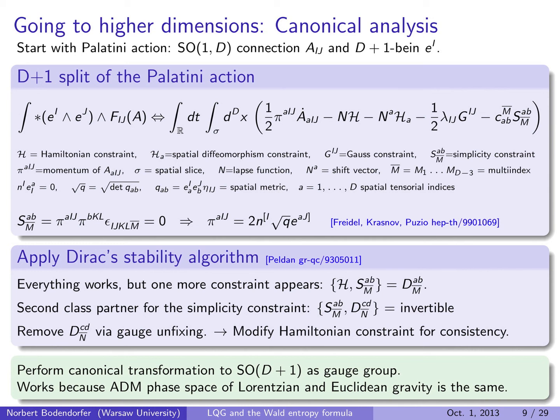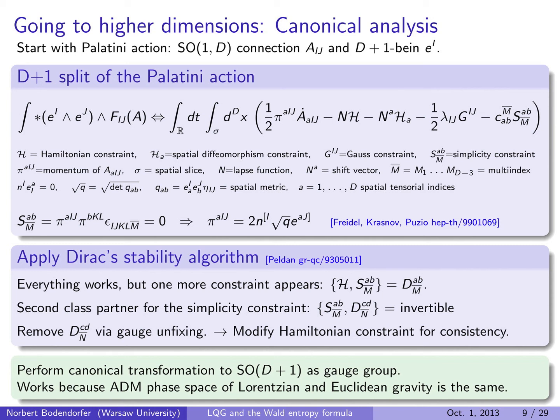And also it's written there that if the simplicity constraint is satisfied, written as pi times epsilon, epsilon making it antisymmetric, and this m bar just meaning all the remaining indices, then it follows that pi is given by this product there. Now, as is known, there's a topological sector in 3+1 dimensions, however we won't consider it here because we're interested in higher dimensions.